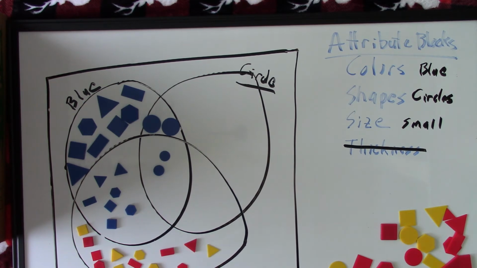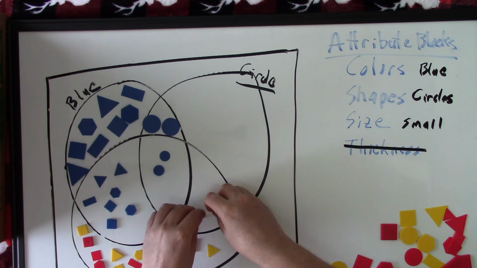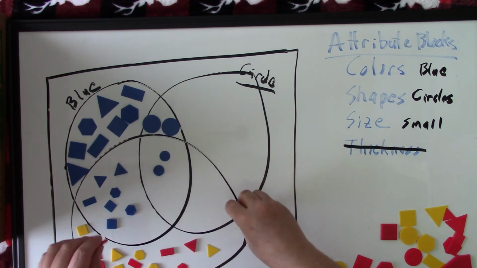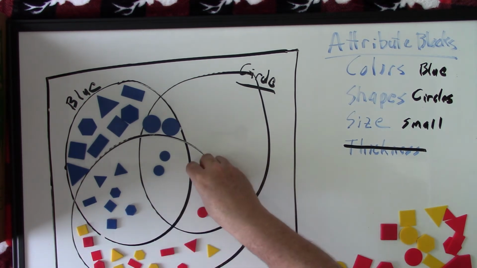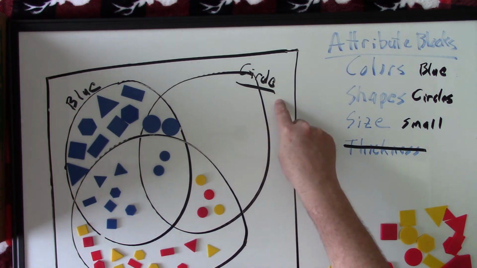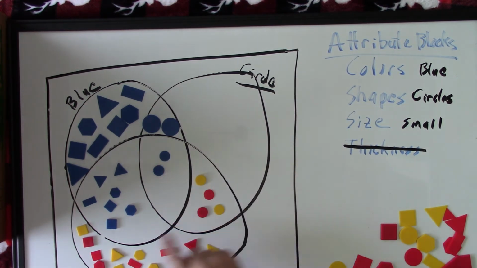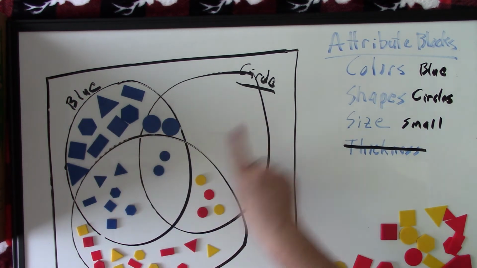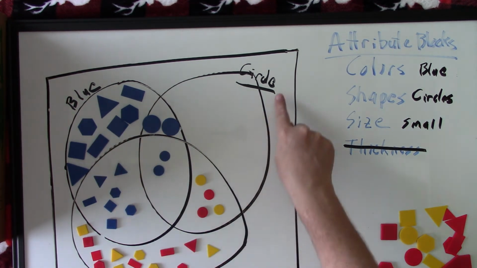Now these are my circles that are small, but they're not blue. So this area right here, they're small circles that are not blue. This area right here, they're blue, small, but they're not circles.